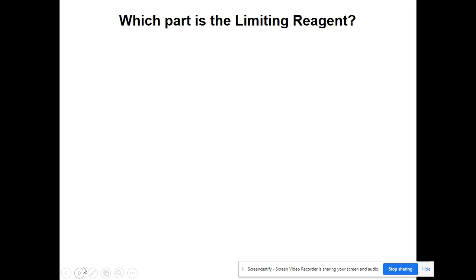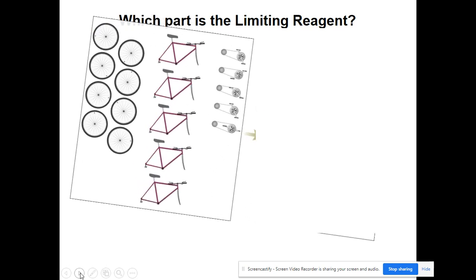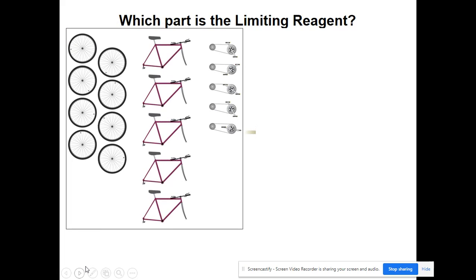So what exactly is a limiting reagent? A good example, just to help you understand this, is to think about bike parts. Here we have eight bicycle wheels, five frames, and five sets of gears. Each bike will require a single frame, two tires, and one gear.